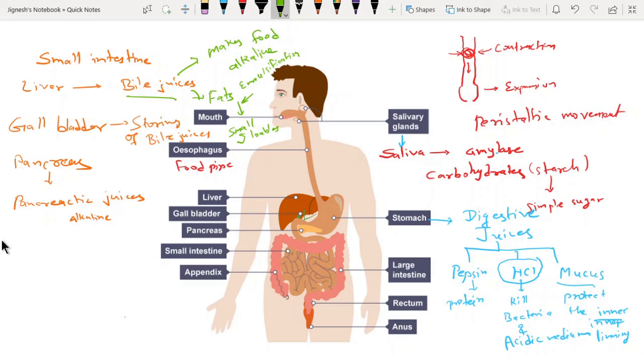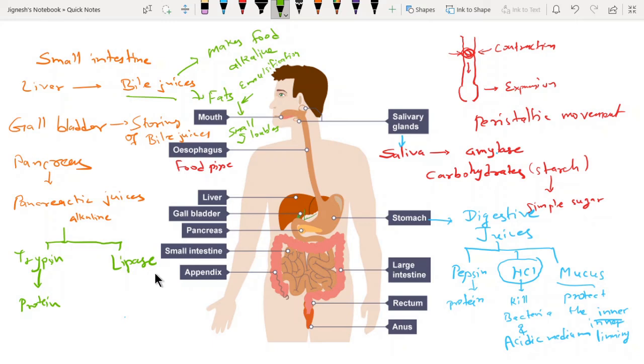Now what is the function of the pancreas? The pancreas secretes pancreatic juices. The pancreatic juice contains two enzymes: trypsin and lipase. Trypsin digests protein.